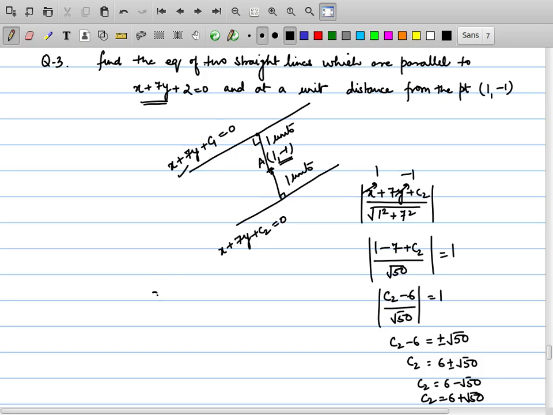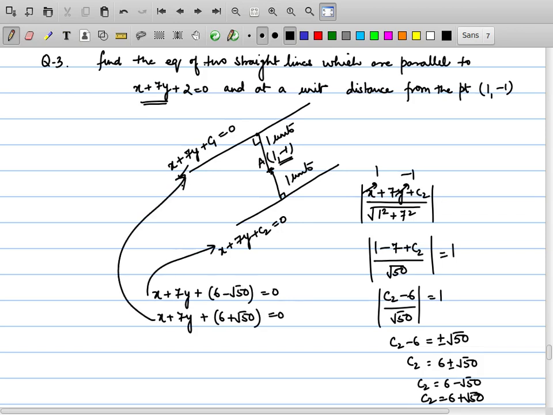Therefore, the two equations that you are looking for are x plus 7y plus 6 minus root 50 equals 0 and x plus 7y plus 6 plus root 50 equals 0. One of these is representing this line and the other one is representing this line. These are your two equations.